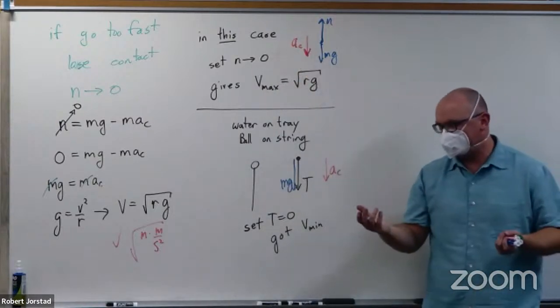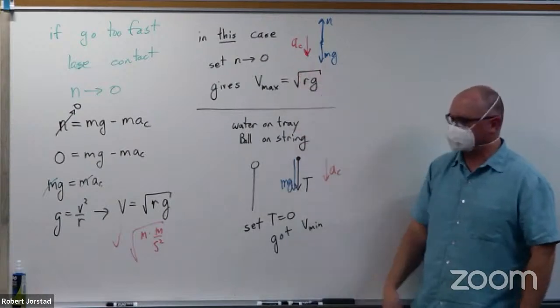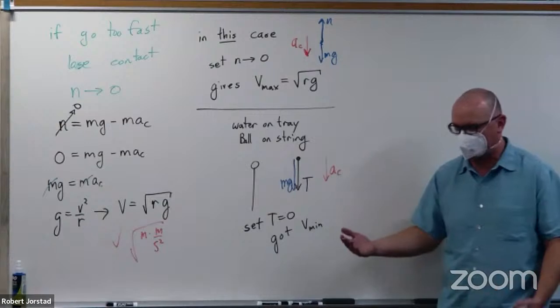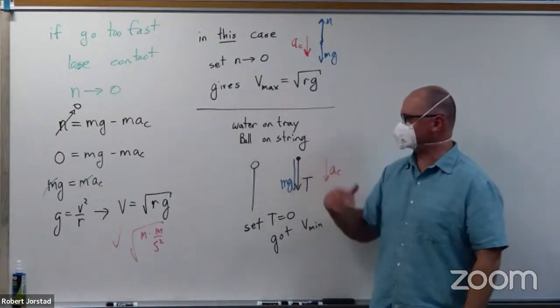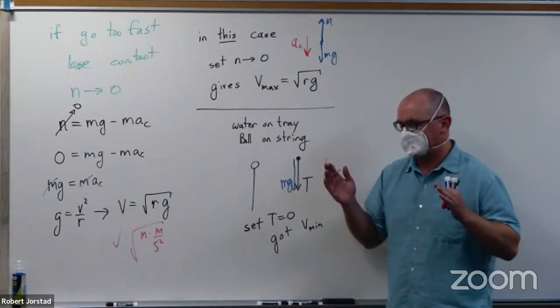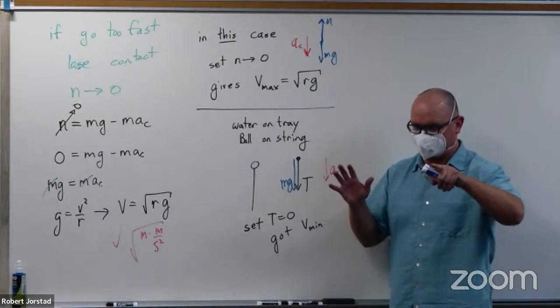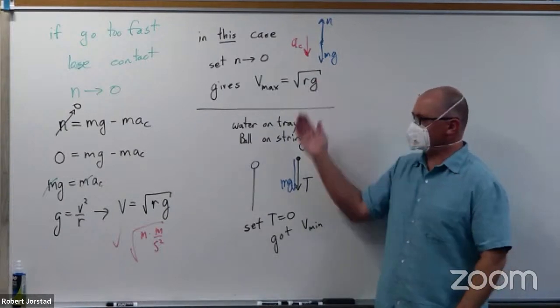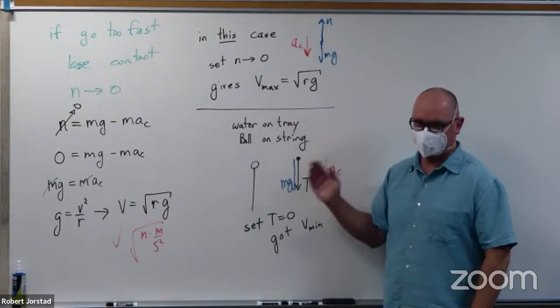But in the end, it's the lose contact condition or tension goes to 0 condition. It's very similar problems. It's just in one problem you get a max, and one problem you get a min, but it's an extrema in either case. Just a sec. Is that kind of okay? There's different free body diagrams. That's why sometimes you get a min or a max.